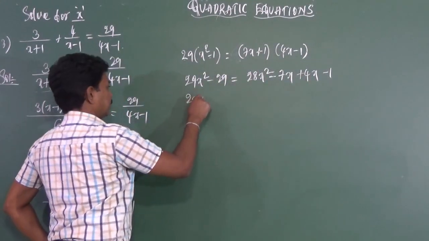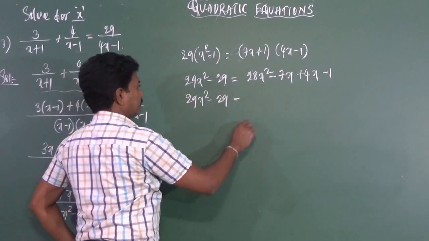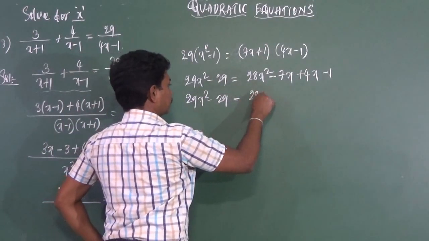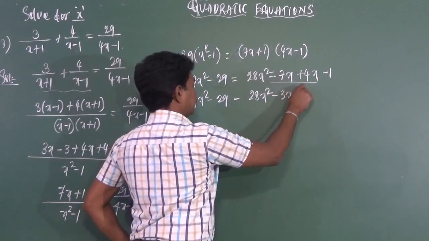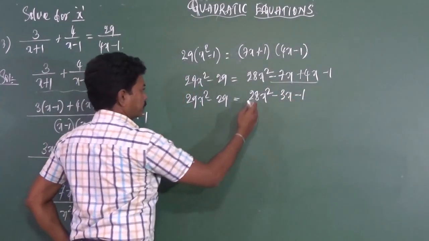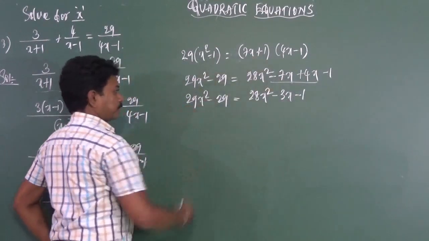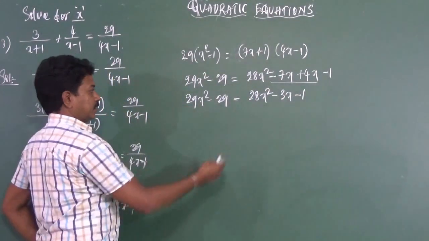So 29x square minus 29 is equal to 28x square minus 7x plus 4x is minus 3x, minus 1. So we'll transpose all the terms into the LHS and make the RHS equal to 0.